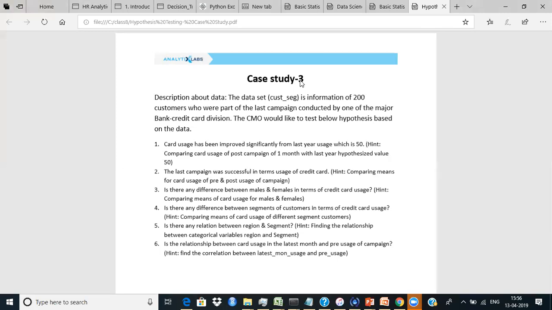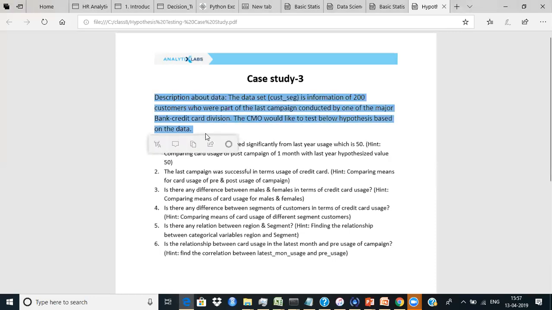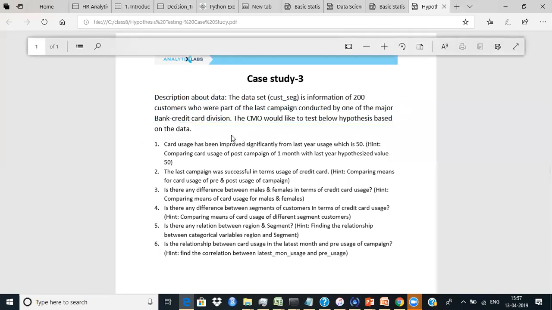Okay, now coming back to this description or this case study, right? Now, what I would tell you is take 30 seconds to read through these lines, the first 4 lines. Done? Okay.